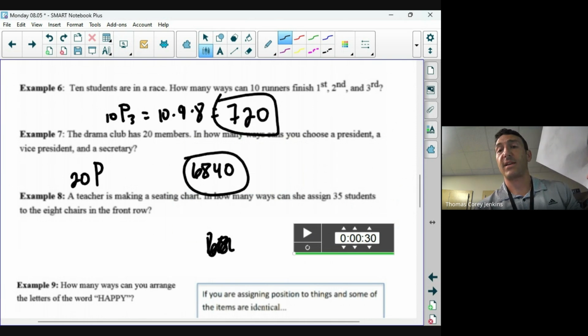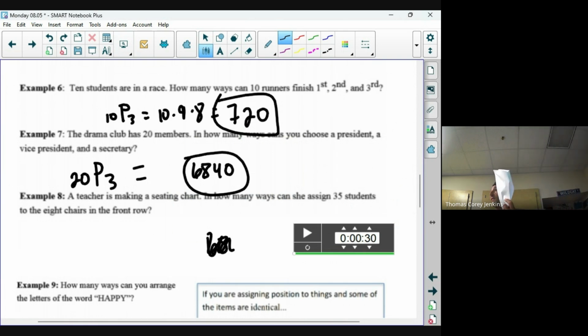So it's a permutation, and then we're choosing 3 spots. That number wasn't listed, but we have president, vice, and secretary. So 3 positions. So in my calculator, I can do 20P3 if I have a graphing calculator. If not, I'm typing in 20 times 19 times 18 to get the 6,840. Everybody with me? Questions? All right.